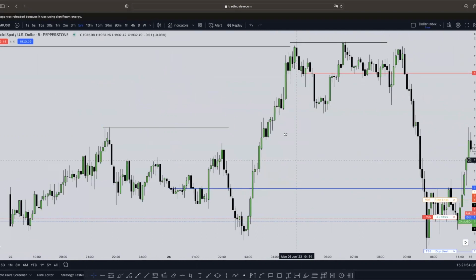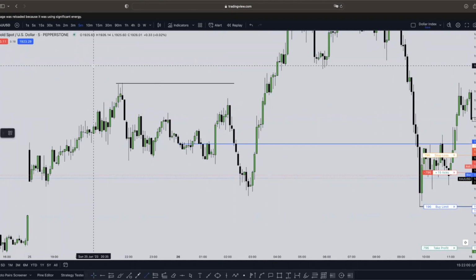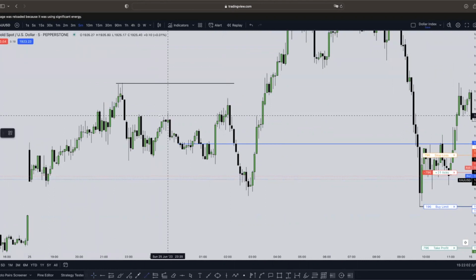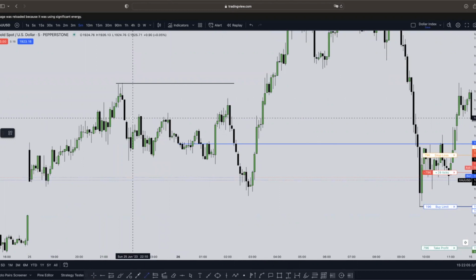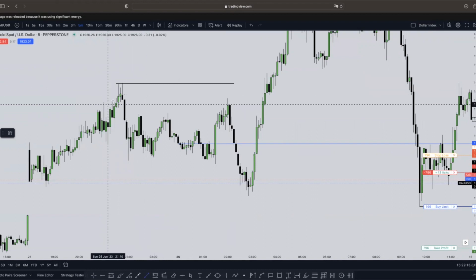Now, in this case, how do I look at this from a change in the state of delivery perspective, from an order block perspective? From an order block perspective, a change in the state of delivery is an up close candle. The up close candles are what we are interested in right now. We have a stop run here.